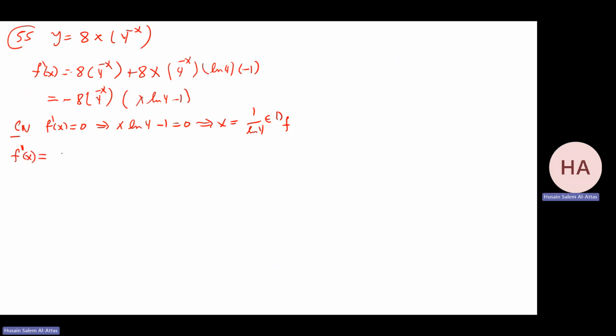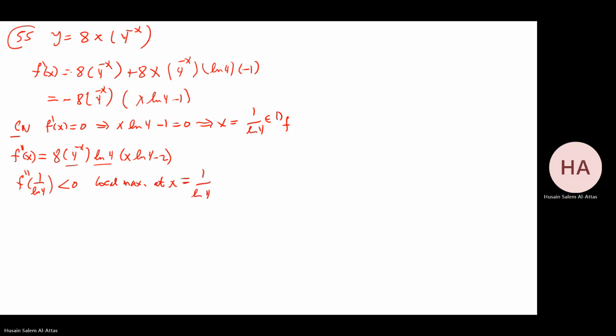If you do the calculations, you get 8 times 4^(-x) times ln 4 times (x ln 4 minus 2). So f double prime, here I have 1 minus 2, which is minus 1. So that will be negative. So I have a local max at x equals 1 over ln 4. Okay.